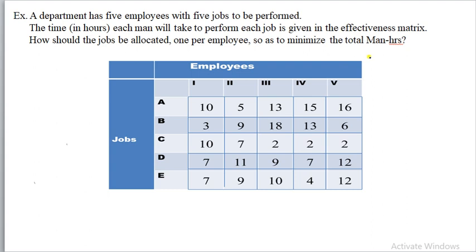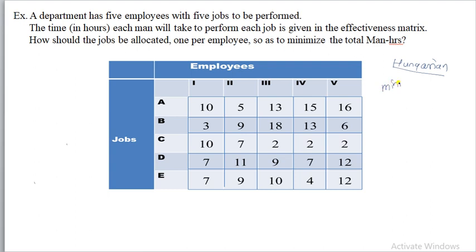To solve the problem of the assignment model we are using the Hungarian method. Basically, we are using the Hungarian method to solve this assignment problem. Rather, I will say this is the only method to solve any assignment problem. The assignment problem can be of any type.